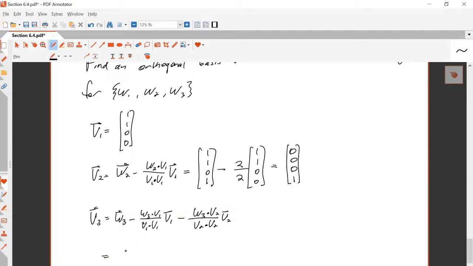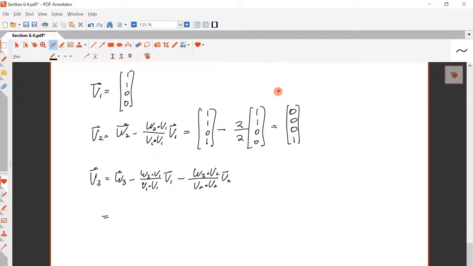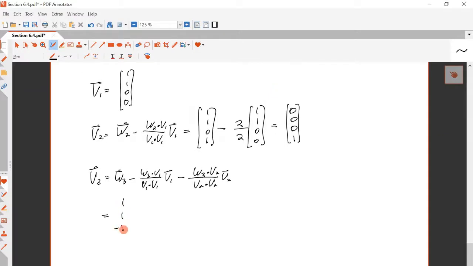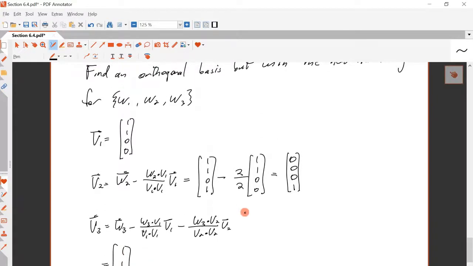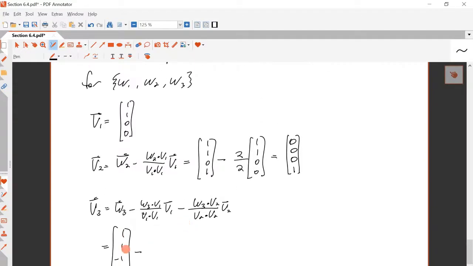So this is equal to W3, which was 1, 1, negative 1, 0, minus: W3 dot V1, the dot product is 2, over V1 dot V1, which is 2, times V1, 1, 1, 0, 0.